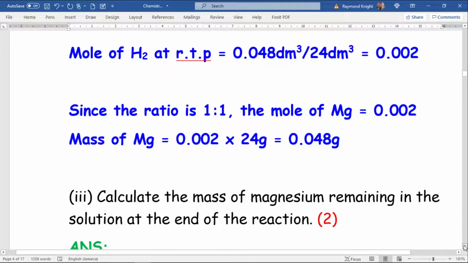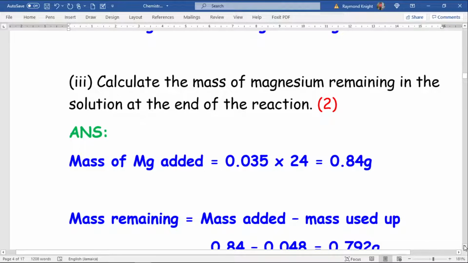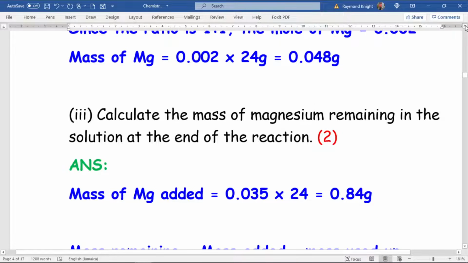All right, let's go to the next part of the question: the amount of magnesium remaining in the solution at the end of the reaction. This is cool because to calculate the mass of magnesium remaining, remember you used magnesium in excess, isn't it? At the end of the experiment, all the magnesium was not used up. We calculated right above this question the mass of magnesium, which is this.